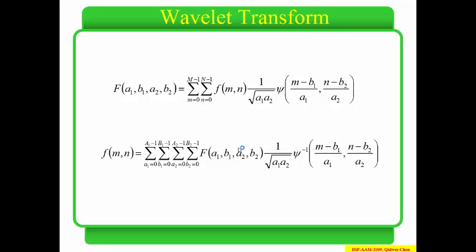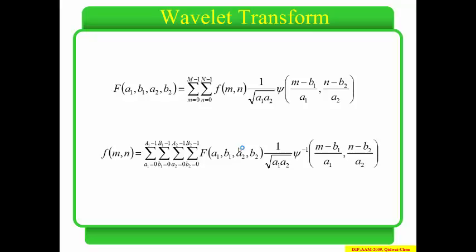And in the column direction, here I will have scale A2 and translation B2. Then instead of the integration, in this case I should have double integration. Instead of double integration, here I have double summation because this is a discrete function. And this is the expression that we have for the wavelet transform.